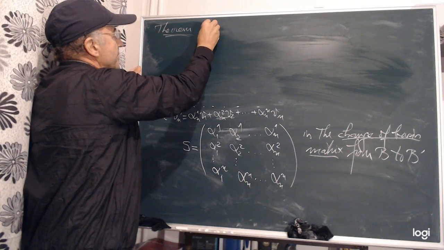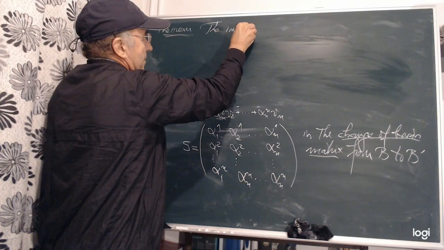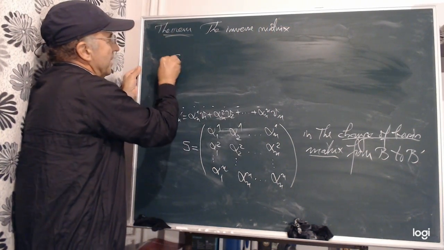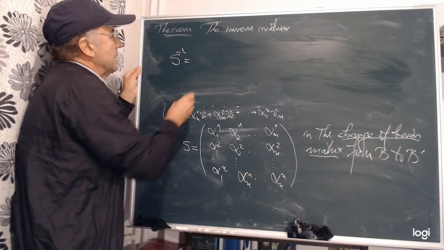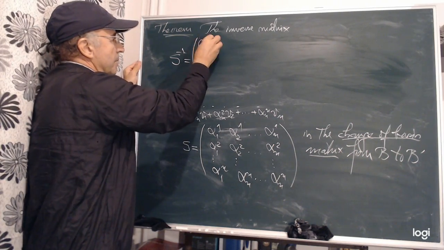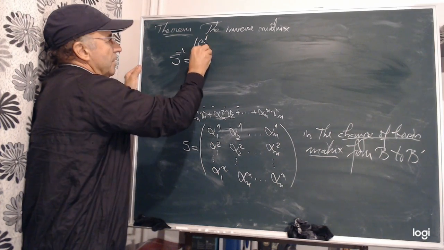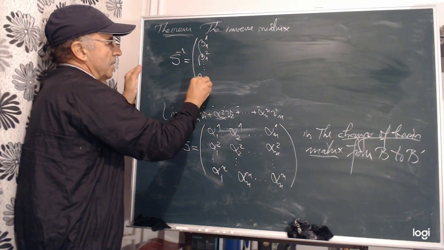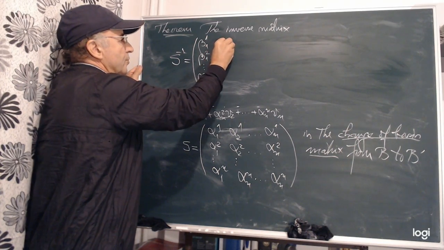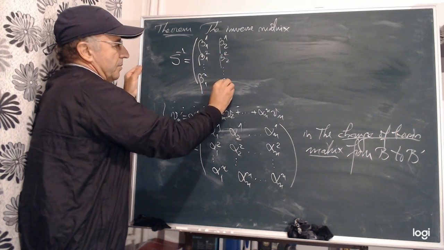The inverse matrix S minus 1, we denote the elements by beta: beta 1,1, beta 1,2, up to beta 1n, and the second column beta 2,1, beta 2,2, up to beta 2n.